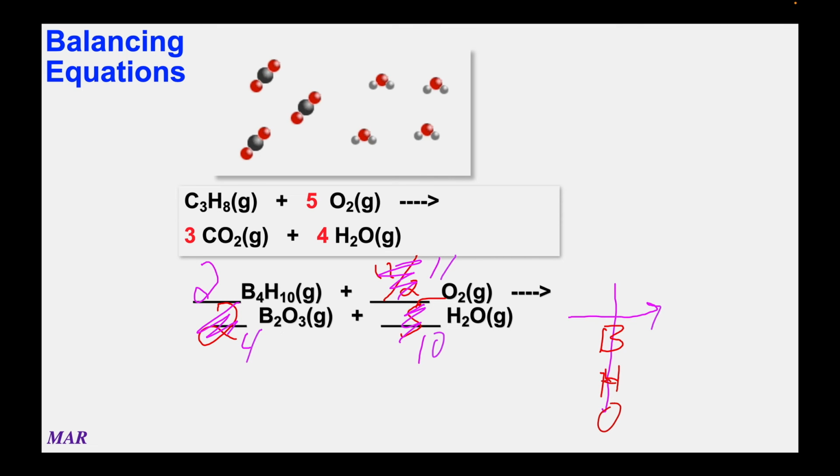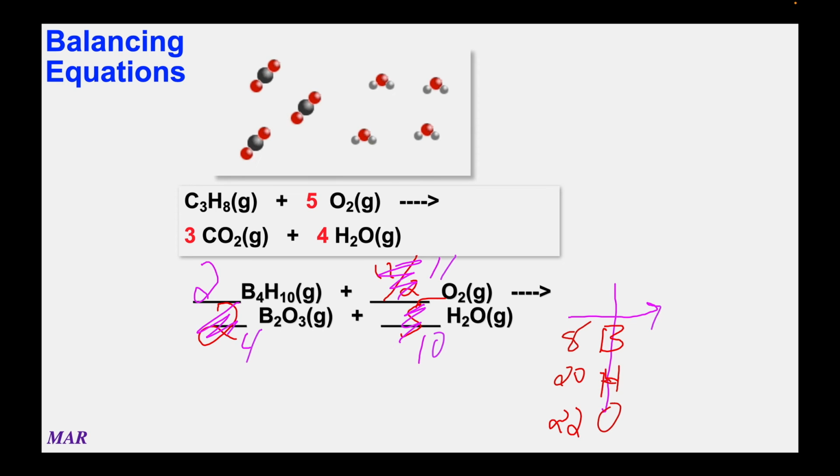And if the atoms on the left equal the atoms on the right, we'll be good to go. So using the purple numbers now, 2 times B4 would be 8 borons, and 2 times 10 hydrogens would be 20 hydrogens, and 11 oxygens times 2 would be 22.